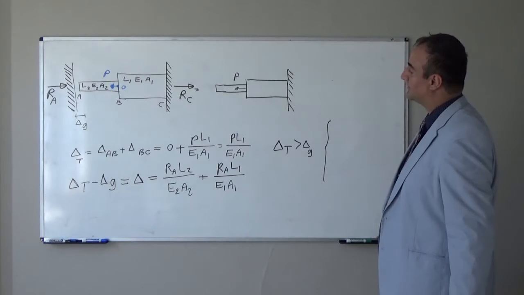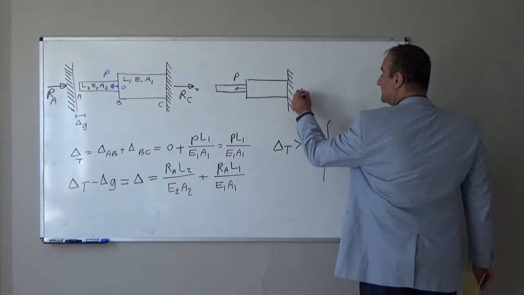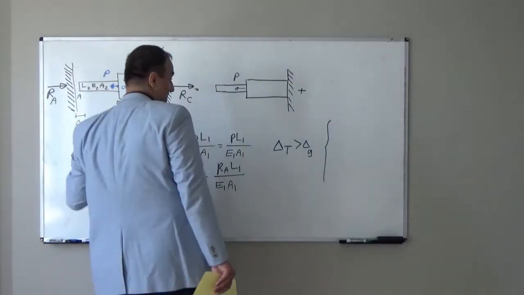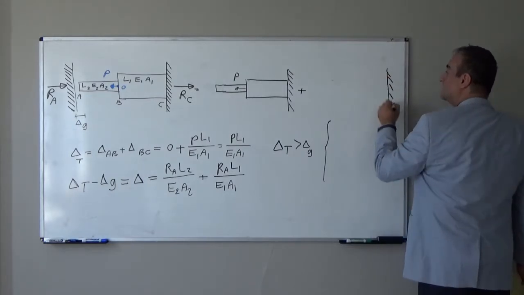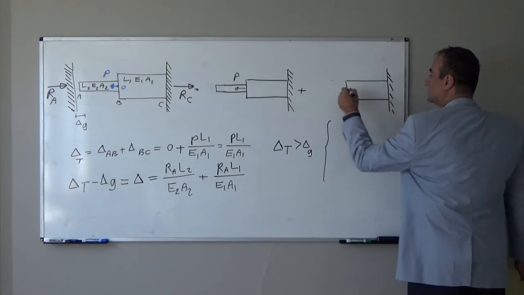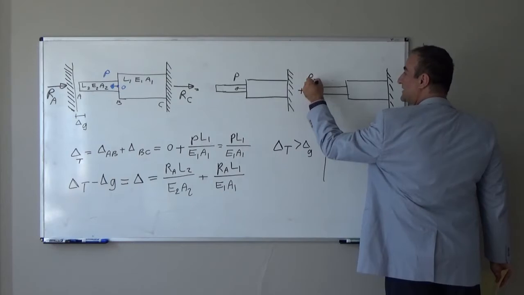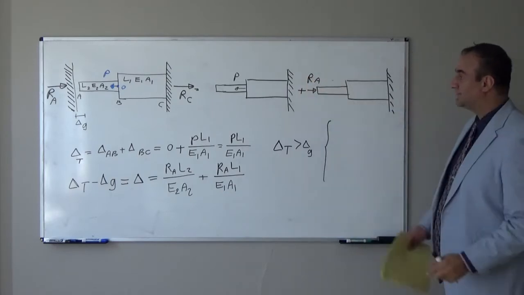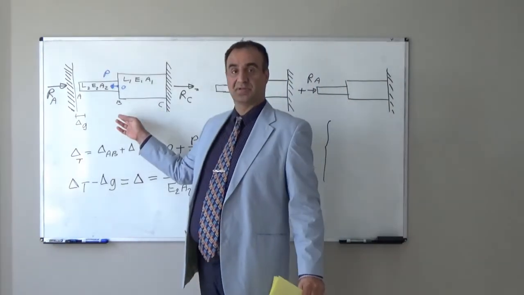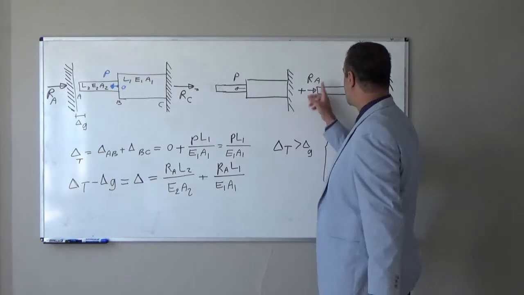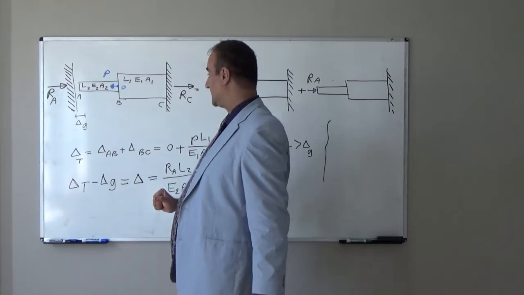I calculate the deformation for this system. Then, because in reality we have support here, I assume we have this system, and this system is subjected only to reaction. If we add these together, we will have the initial example problem. You see, RA comes from here, it goes there. P from here, it comes there.